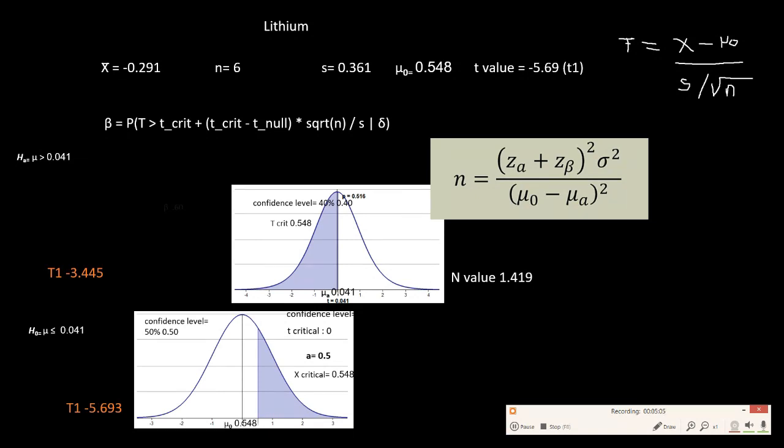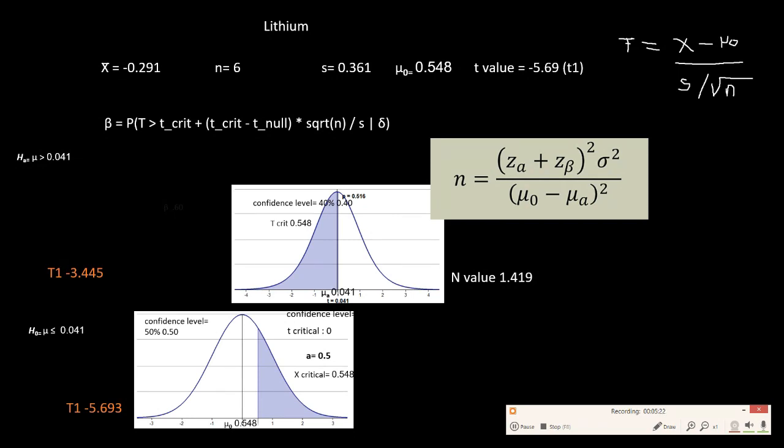So in my question, I think I used mu naught. Then what is the value of the true mean? Oh no, that's the second value. What's the value of the true mean of using all the points after the treatment?